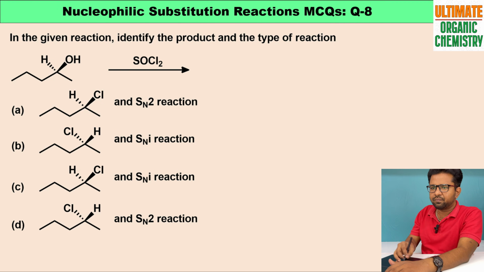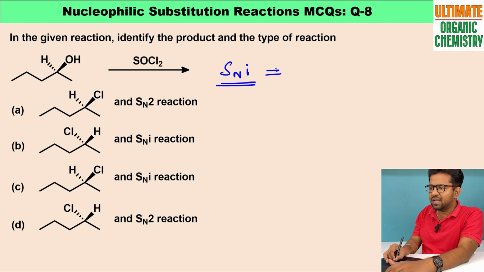Question number 8. In the given reaction, identify the product and the type of reaction. You are given a chiral alcohol treated with thionyl chloride. When an alcohol reacts with thionyl chloride, the reaction follows the SNi mechanism, you know that.